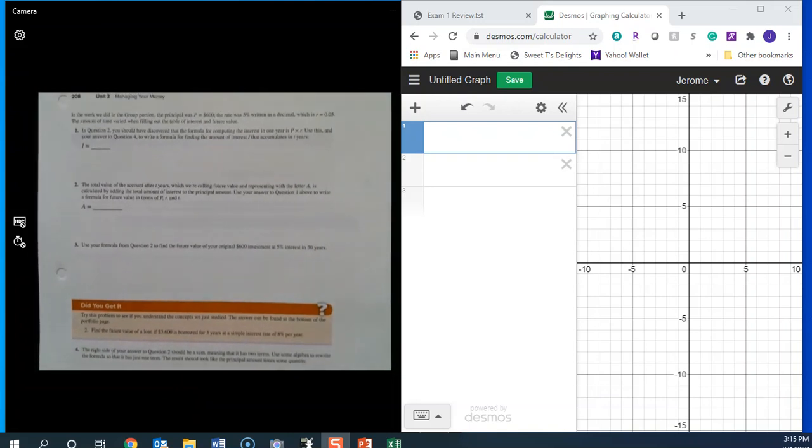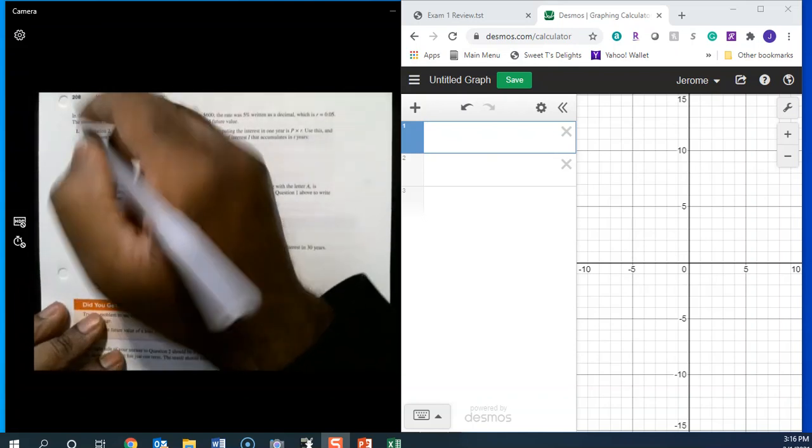It says, in the work we did in the group portion, the principal was P equals $600. The rate was 5% written as a decimal, which is R equals 0.05. The amount of time varied when filling out the table of interest and future value. It says here in question 2, you should have discovered that the formula for computing the interest in 1 year is P times R. Use this in your answer to question 4 to write a formula for finding the amount of interest I that accumulates in T years.